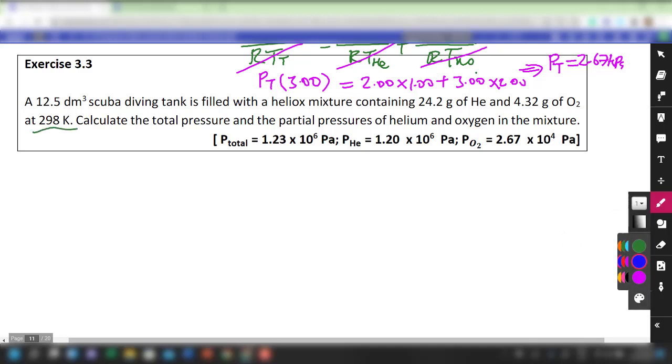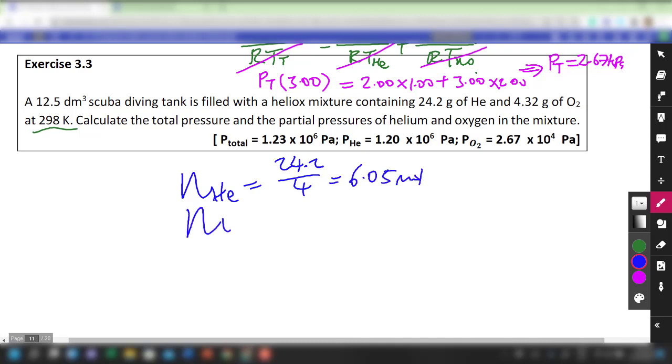The first thing we need to do is calculate the number of moles of helium, which is 24.2 divided by 4, so you get 6.05 moles. Then calculate the number of moles of oxygen gas, so it's 4.32 divided by 32, which gives 0.135 moles.